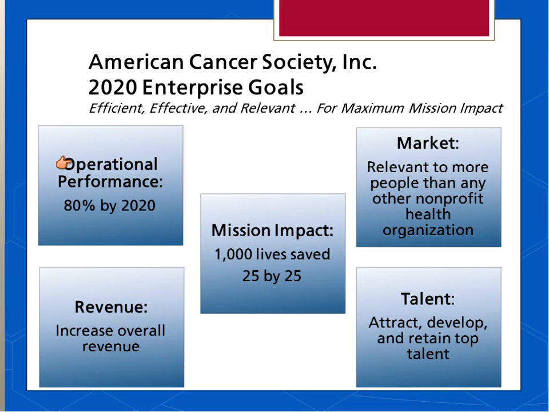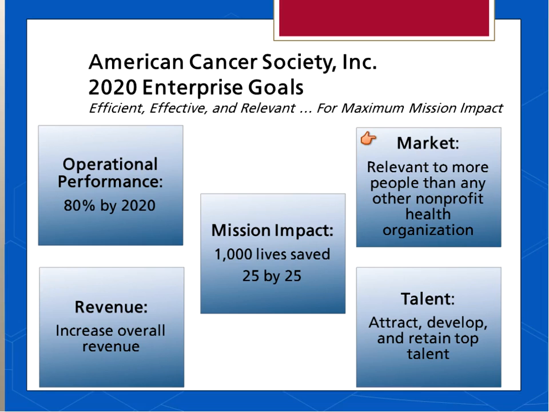Operational performance, to achieve an annual gain in operational efficiency and increase our organization's allocation of more dollars to the mission toward a goal of 80% by 2020. In revenue, to increase our organization's overall revenue.